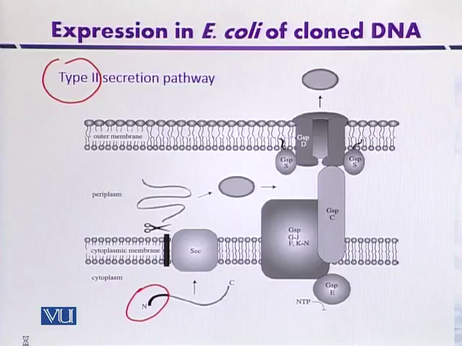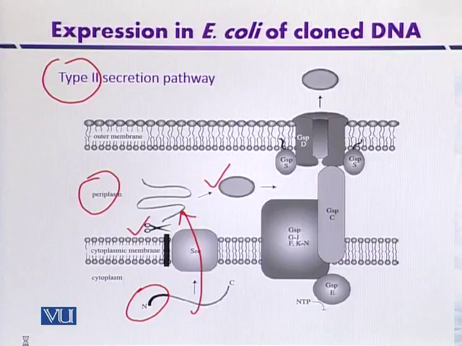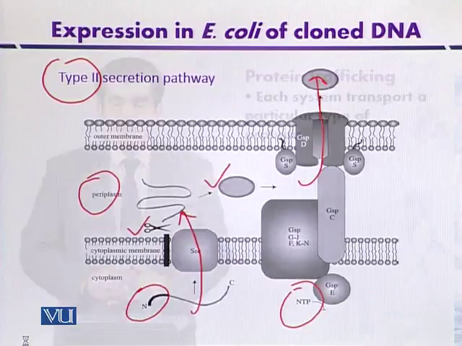When the protein is transported to the periplasm, the N-terminal signal sequence is cleaved. After that, the protein in the periplasm is folded, and after folding it is transported outside the cell. Like the type 1 secretory system, this system is also mediated by repeated cycles of ATP hydrolysis.